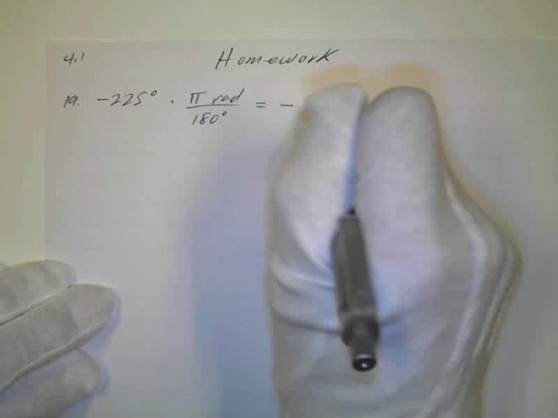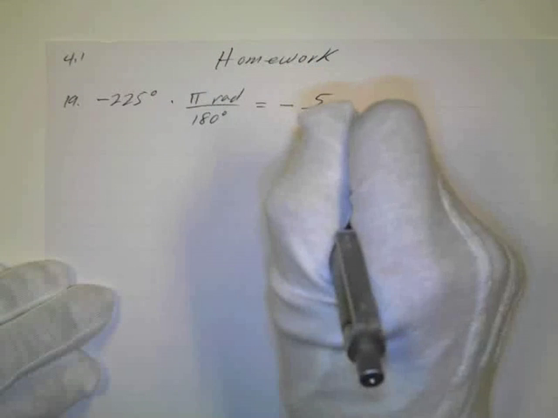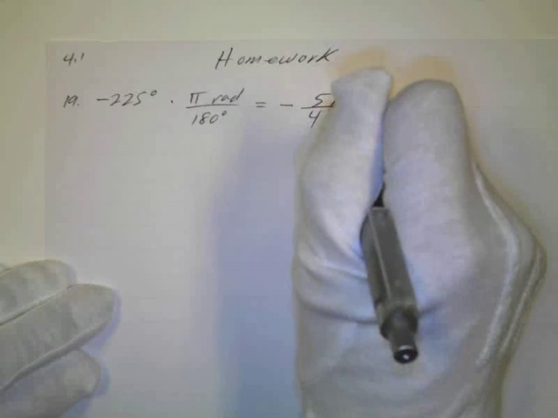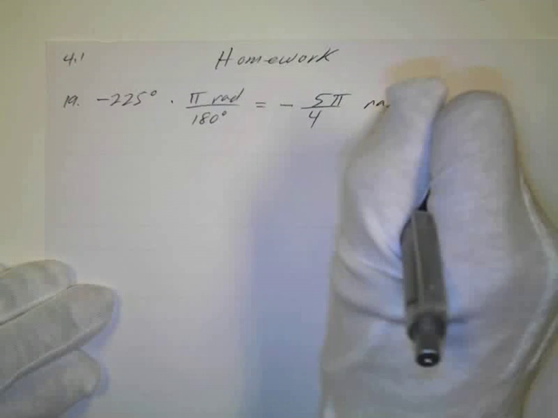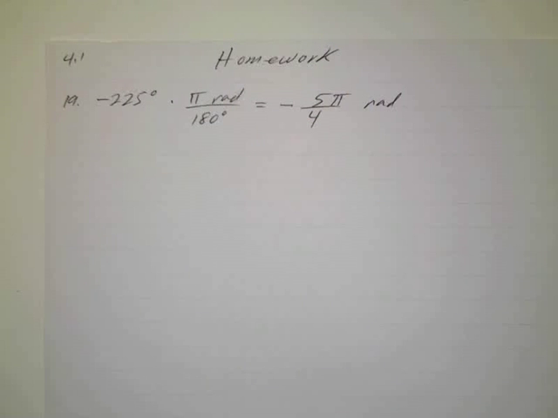So the sign's going to still be negative, and 45 goes in there 5 times, and 45 goes into the 180 4 times, pi, and that's going to be radians. So you'll get to learn these multiples as you do more of these. But 45 and 45 is 90, plus 45 is 135, plus 45 is 180, plus 45 is 225. And you just keep adding those 45s.